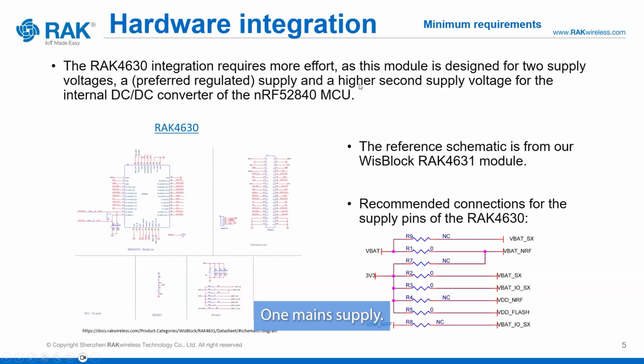One main supply, which should be slightly higher, is needed for the internal DC-DC converter of the nRF52840. There are other solutions I will show later as we go through. But besides that, the external components required are basically only capacitors and the reset circuit. And then it can be connected to a host controller.